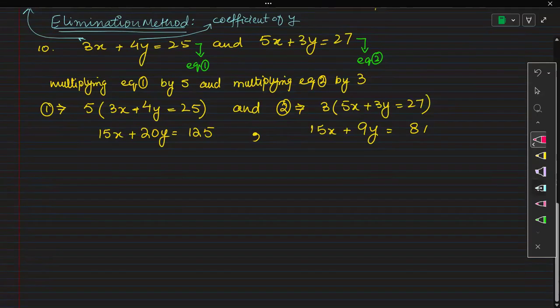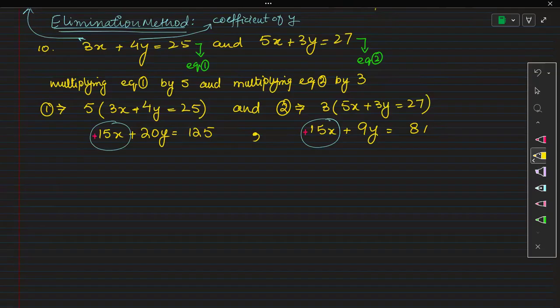Now, if you look at these two numbers, they have become the same. Now look at their signs. Each has the same sign, positive and positive here. So whenever the numbers you have made the same have the same sign, you have to subtract the equations in order to cancel them out, to eliminate.